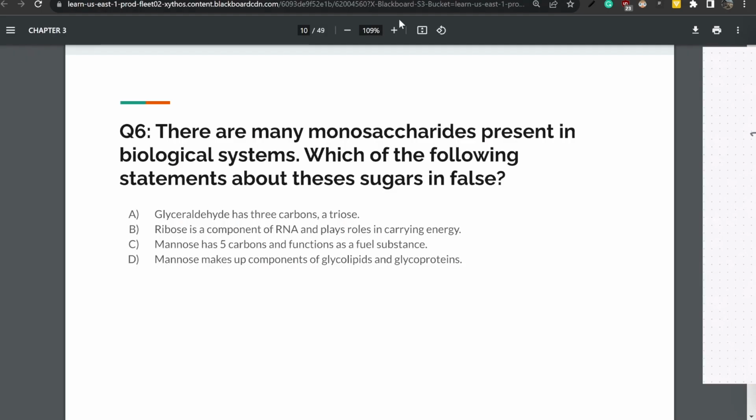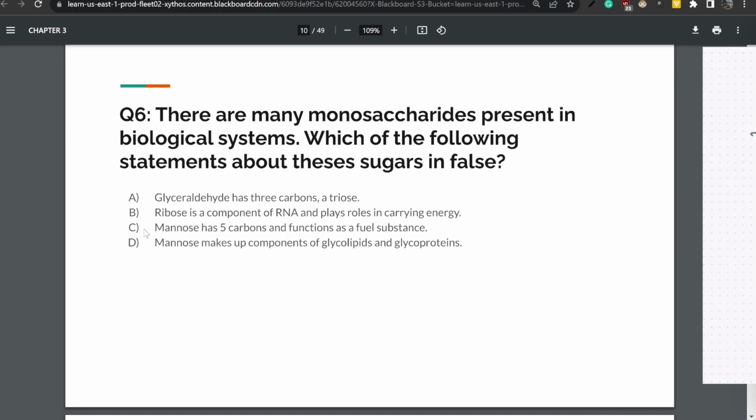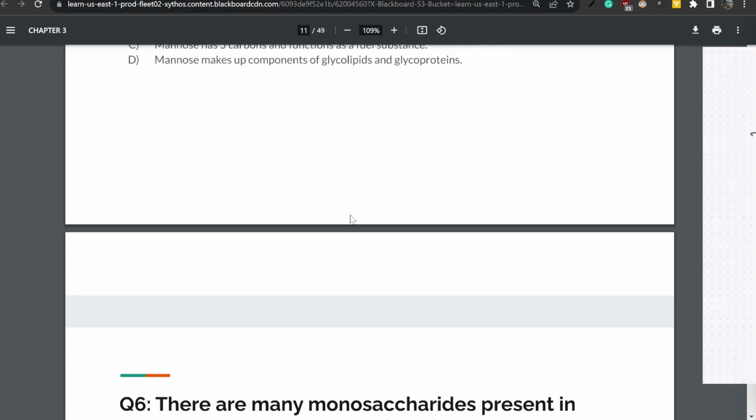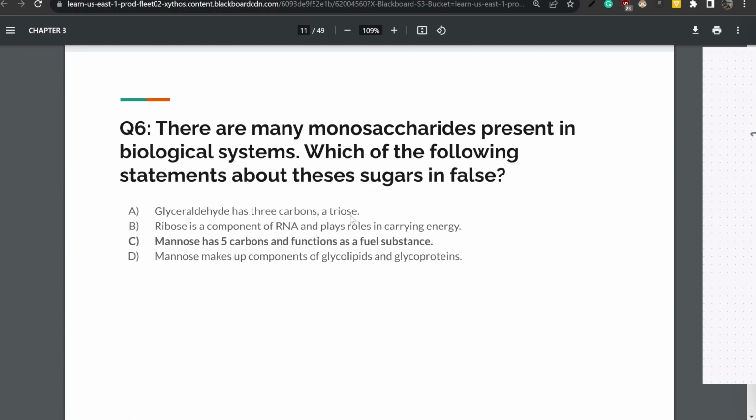I'm not sure what they mean by carry energy, because that's really vague. But I do know that mannose has 6 carbons, so yeah.